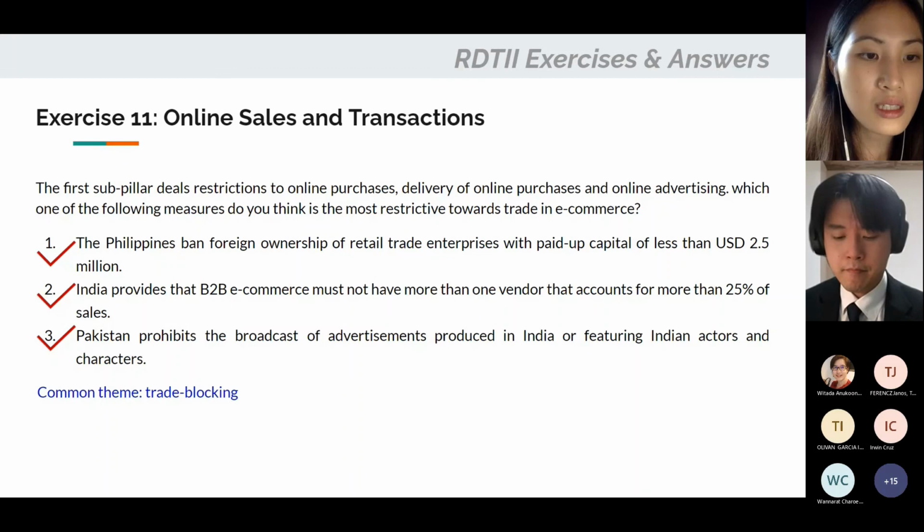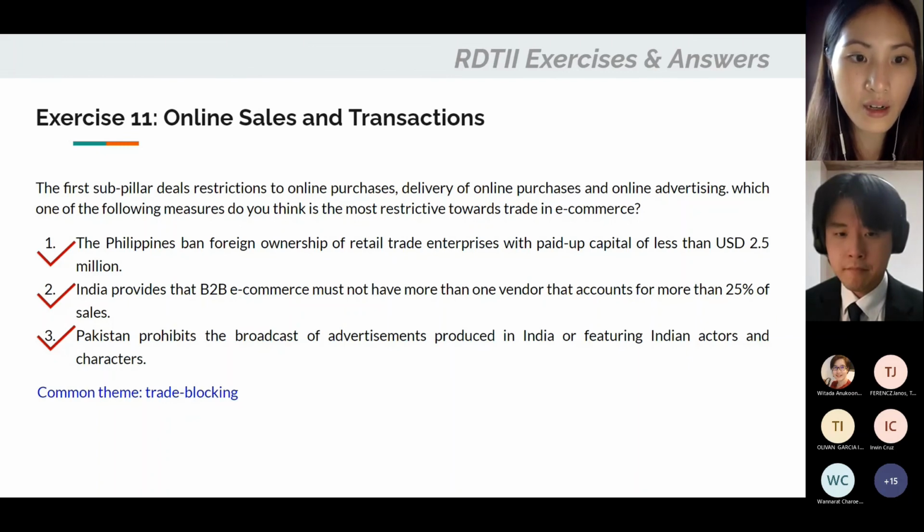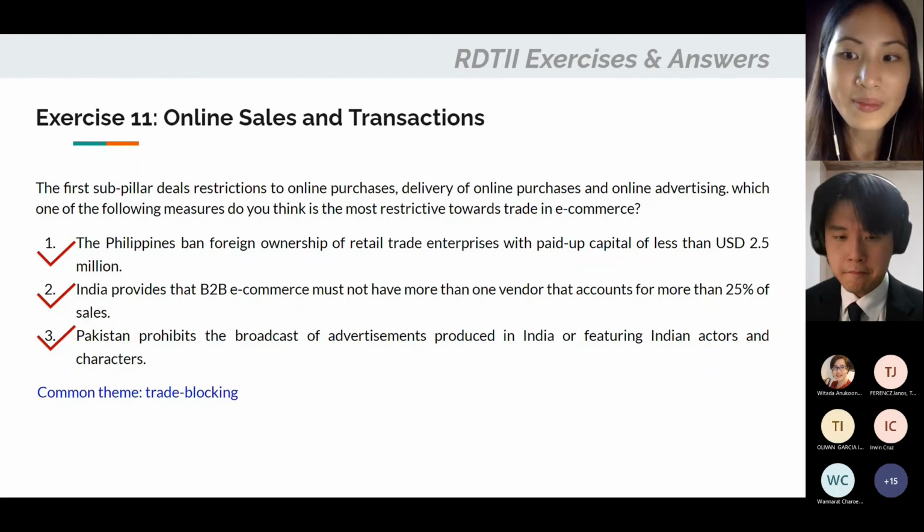And the third choice, Pakistan, prohibits the advertisement from India. So this one is the ban on the advertisement, which is the service associated with e-commerce. And the common theme of this is trade blocking measures. So if you have any questions, please let me know.